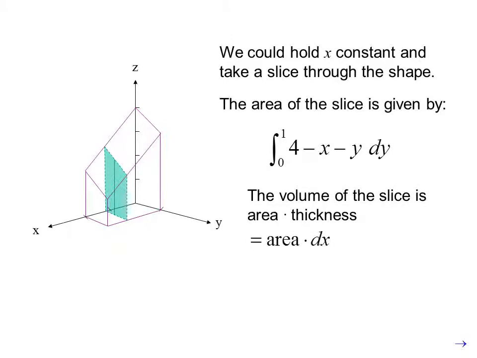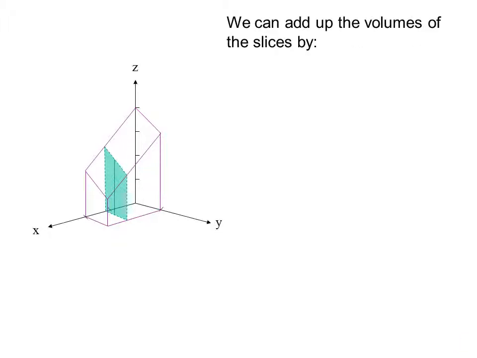The volume of the slice is area times thickness, that is, area times dx. We can add up the volumes of the slices by the integral from 0 to 2 of the integral from 0 to 1 of 4 minus x minus y dy dx.